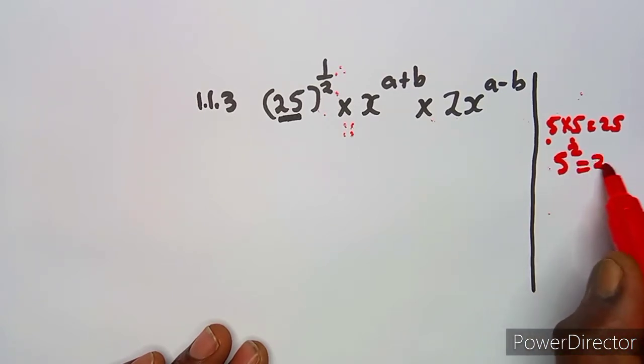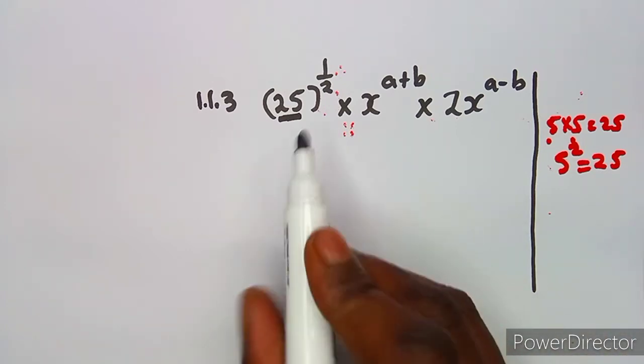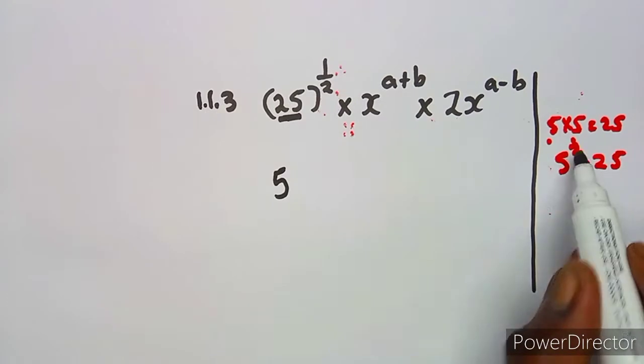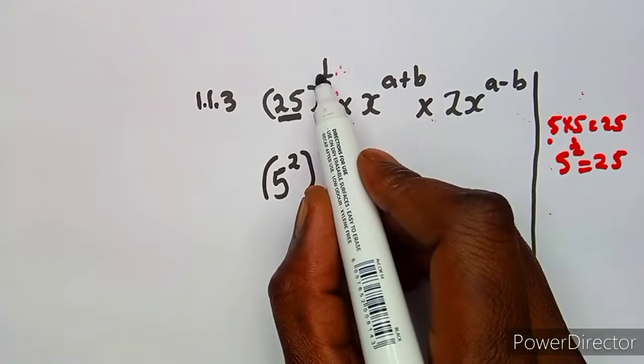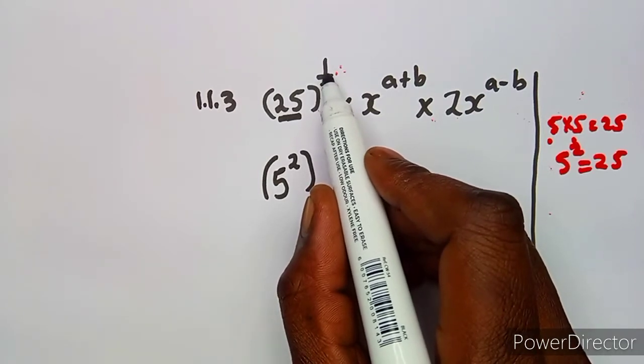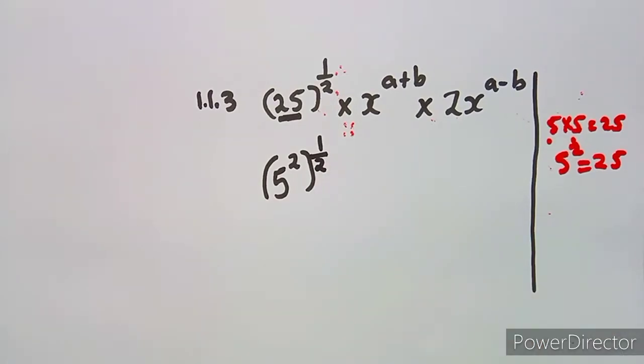So 5 squared is equal to 25. So I can rewrite this as 5 squared, which is 5 to the exponent of 2. But there is already an exponent of a half here, so we're going to raise it to the exponent of a half.